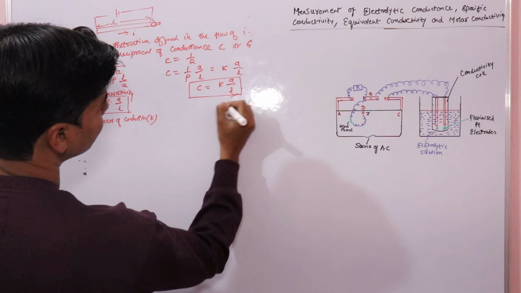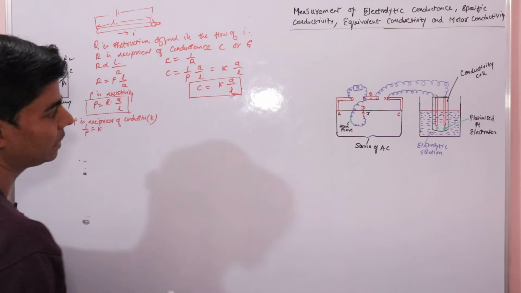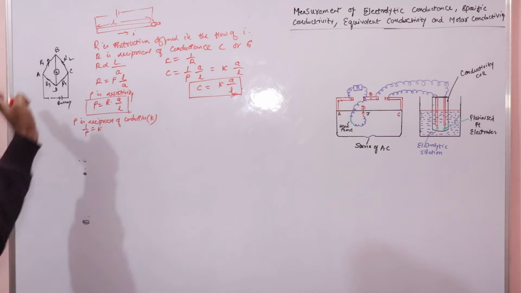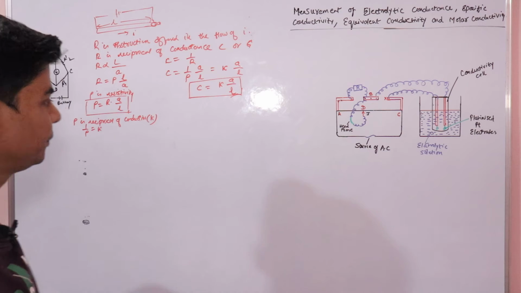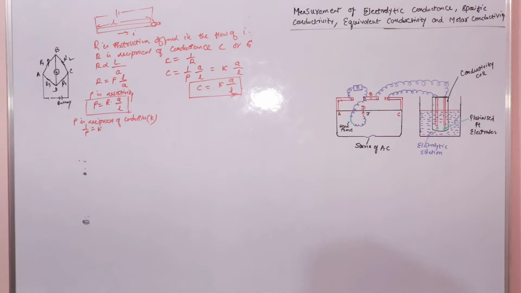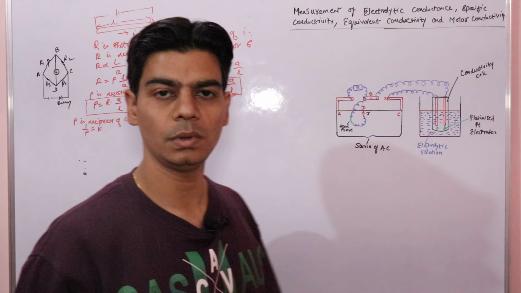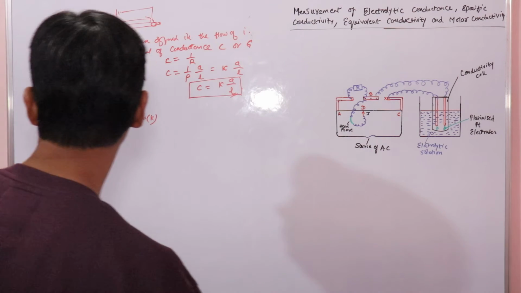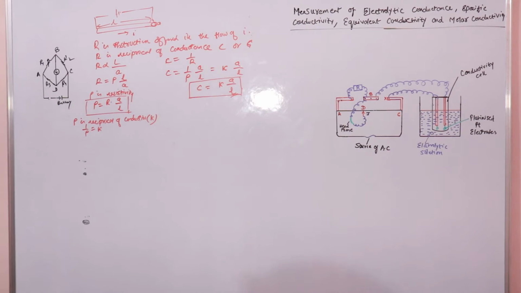This was in the case of metallic conductors, and we already know all this from physics. We will be using the same concepts here in chemistry while studying conductance through electrolytic solutions. This is the Wheatstone Bridge. We have done this in physics.